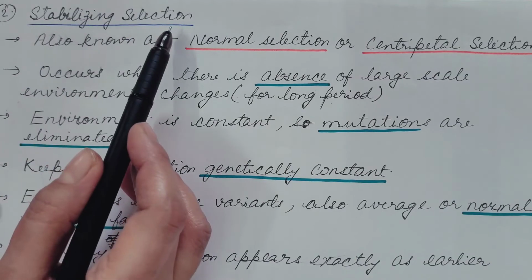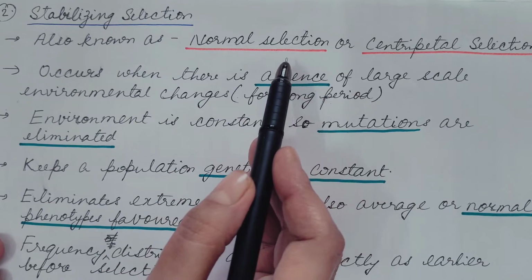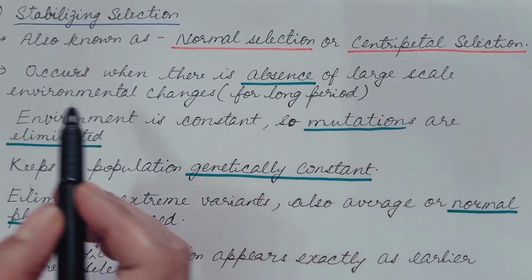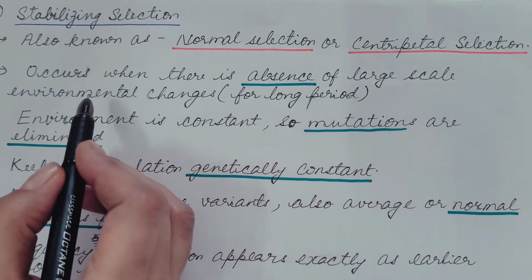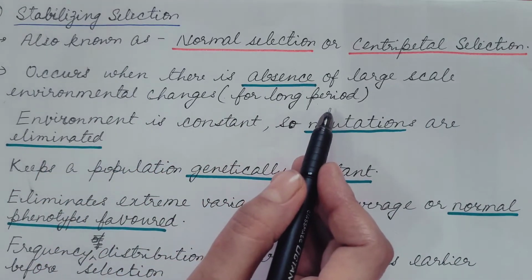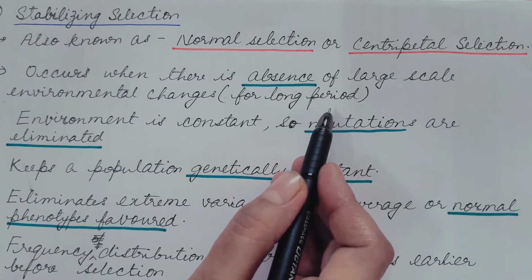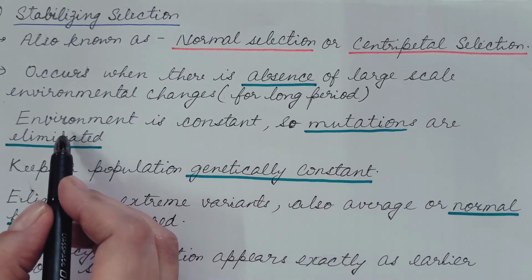Now second is stabilizing selection. It is also known as normal selection or centripetal selection. It occurs when there is absence of large-scale environmental changes for long period, or in other words, it takes place in the unchanging environment or the environment which is almost constant.